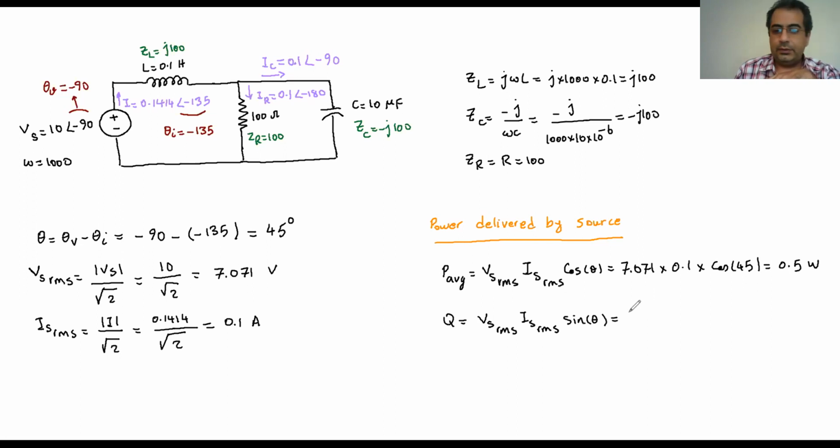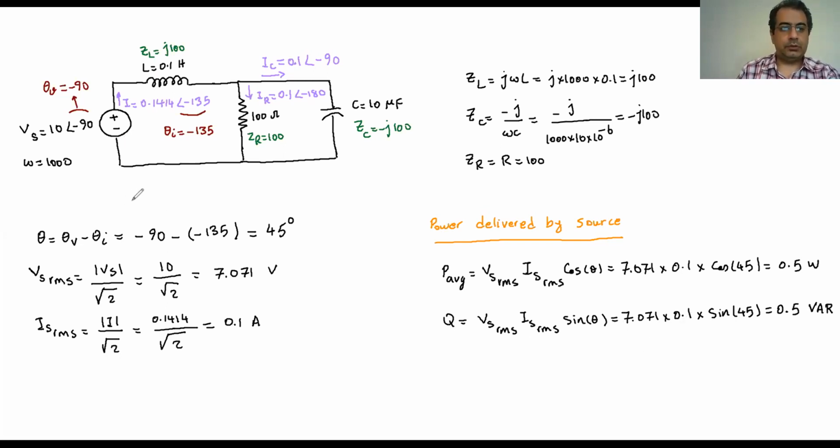It's going to be this 7.071 times 0.1 times sine 45, which is going to be the same as 0.5, but this time the unit is the VAR, volt amp reactive. So these are the power provided by the source.